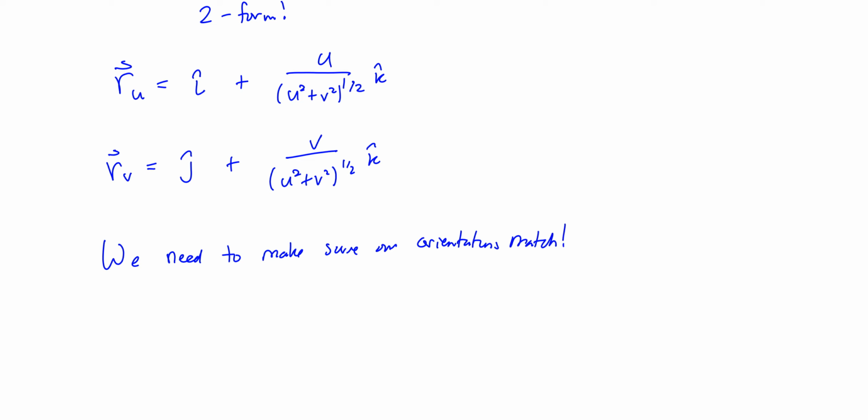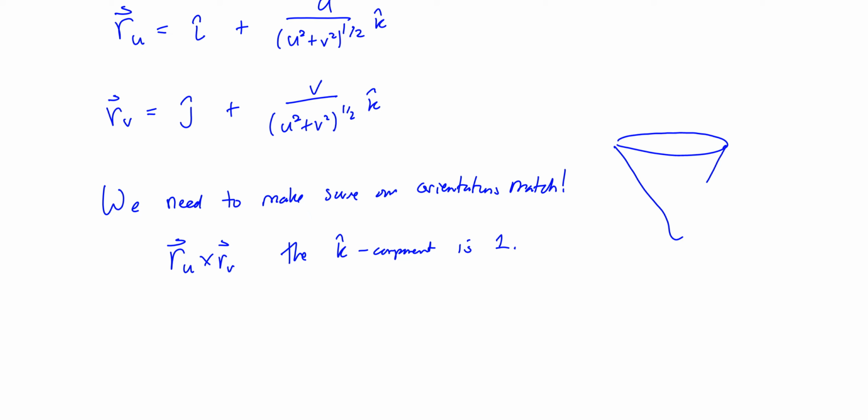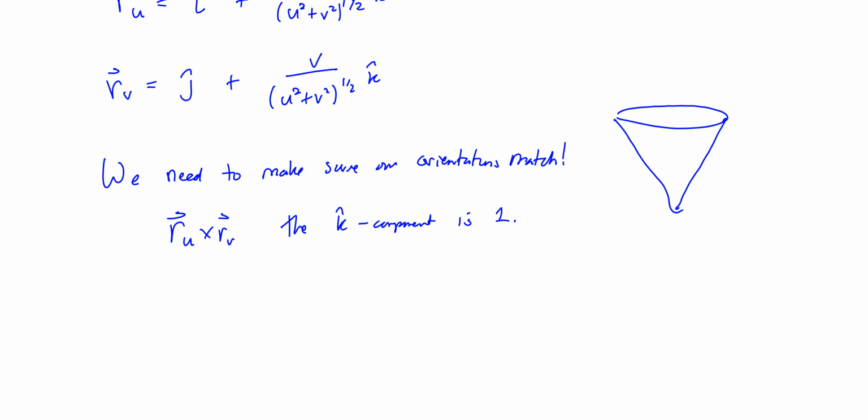If I were to look at these vectors as r_u cross r_v, the k component is 1. But with our cone, we said we wanted downward orientation. So that means our unit vector should look like this. We want a negative k component.